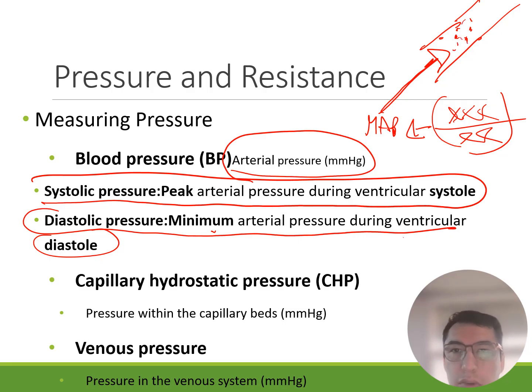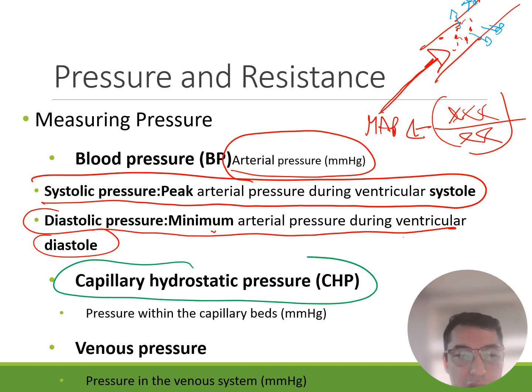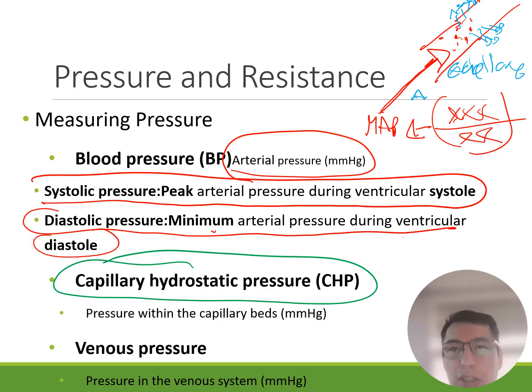We want to allow all these nutrients to diffuse out, not the red blood cells, unless we're in a sinusoid. But we're trying to diffuse all of that oxygen, carbon dioxide, so capillary hydrostatic pressure refers to the force within the capillary beds. That force is pushing out all of that at the beginning of a capillary bed coming up from an arteriole.